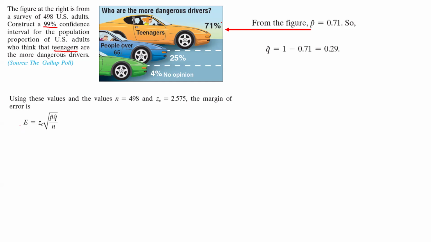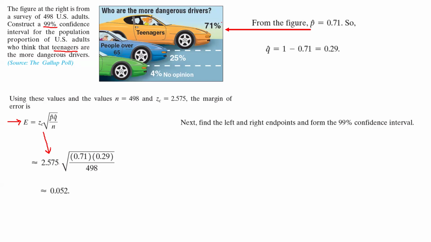E, or the margin of error, is equal to ZC, critical value for what? Critical value for 99%. It is 2.575 times the square root of P hat, which is 71%, times Q hat, which is 29%, divided by N, which is 498.